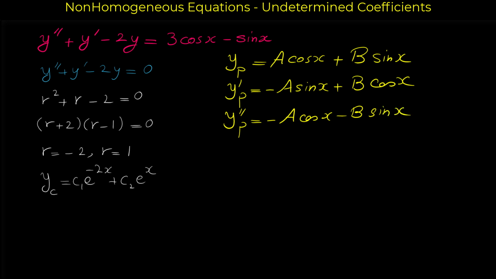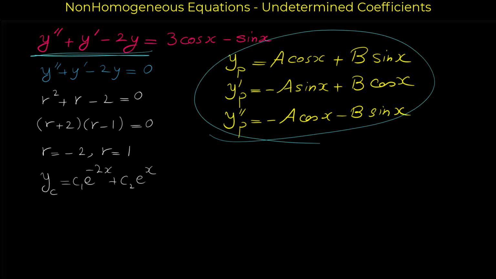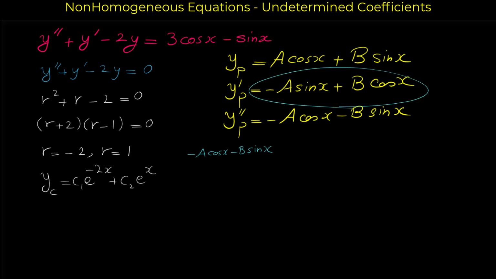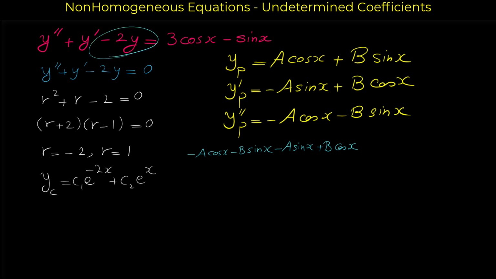Now we can plug in these here. Y double prime is this. So we have negative a cosine x minus b sine x, plus y prime, plus this, so minus a sine x plus b cosine x, and finally minus 2a.